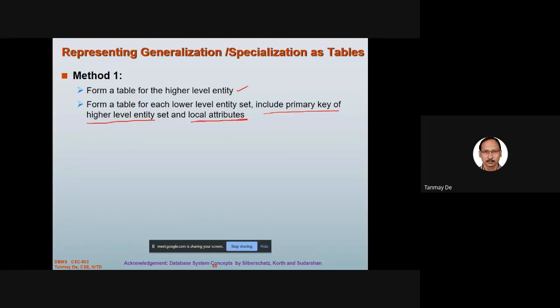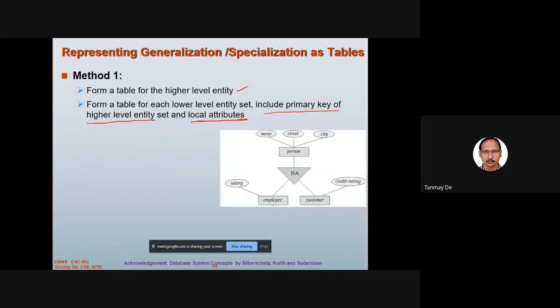For example, person is the higher level entity set, and the lower level entity sets are employee and customer. This generalization and specialization I have already discussed in our previous classes.